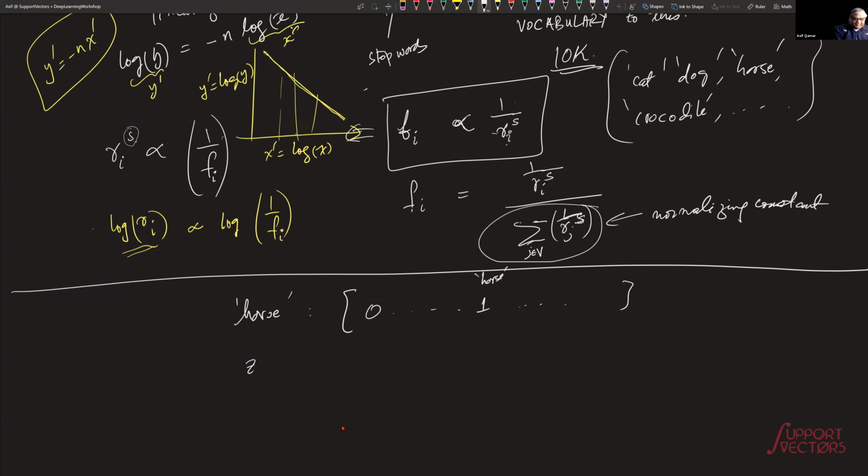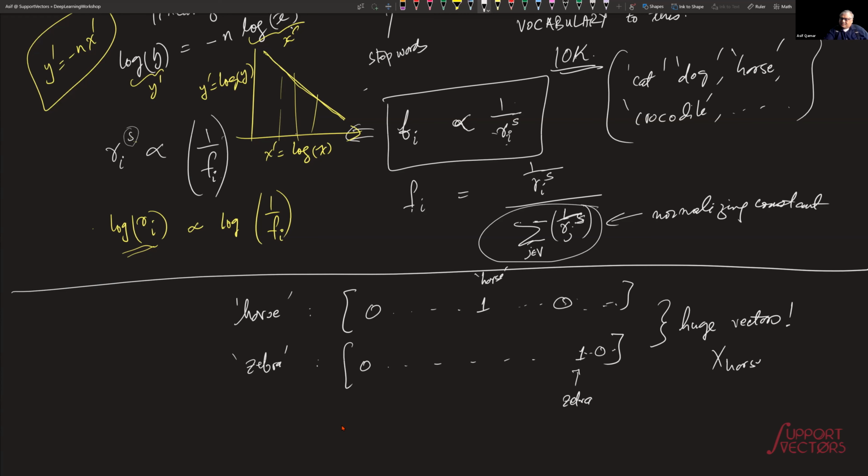And we can write a zebra as 0, 0, 0, 0, 0, and 1 where it is the zebra's index, and 0 otherwise, right? 0 otherwise everywhere. And this is huge vectors, right? X horse, X zebra are huge.